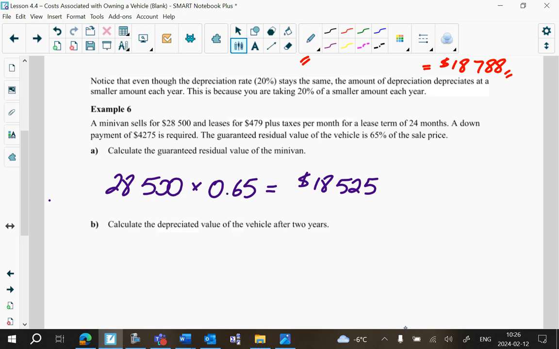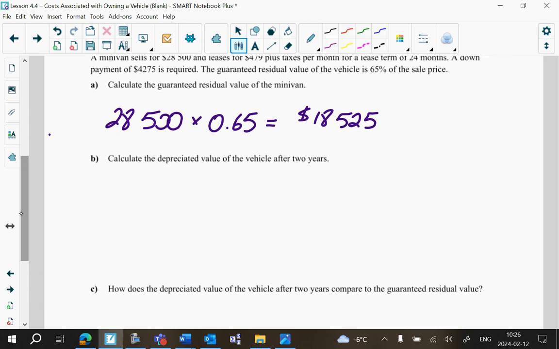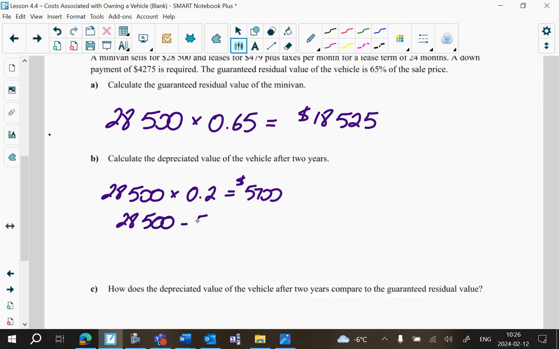and it depreciated 20% per year, how much would the vehicle be worth after 2 years? Well, remember, it goes down 20%. So we've got to take 20% of 28.5, and we get 5,700. Then we subtract that from 28.5 minus 5,700, and after year 1, the vehicle is worth 22.8. Okay, so this is year 1.